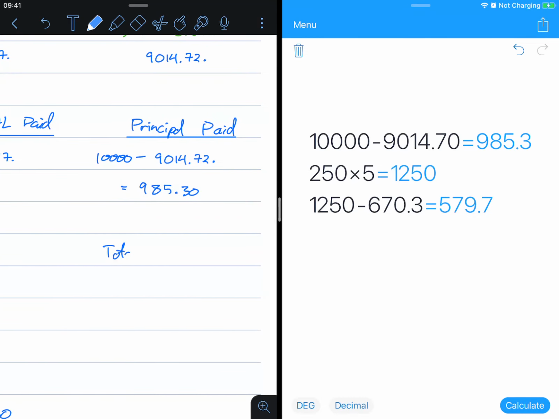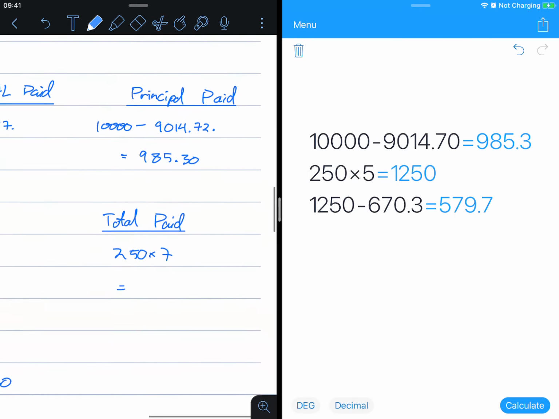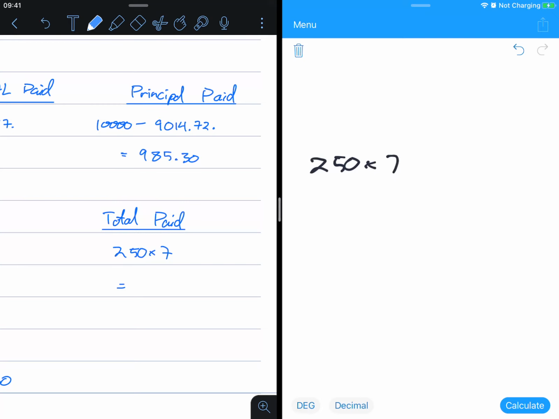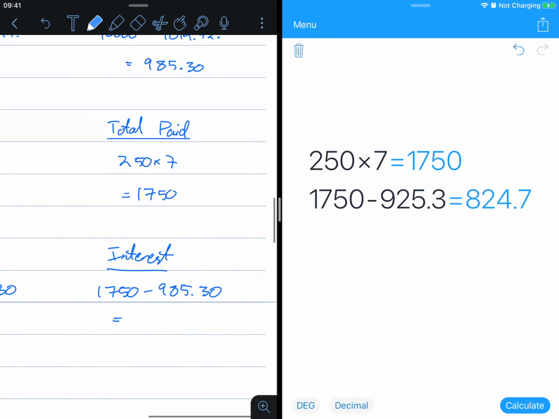The total paid, that's $250 installments by 7 installments, which is 1750. Well, then that means the interest is 1750 minus 985.30. So take this amount subtracted by 985.30, 824.70.